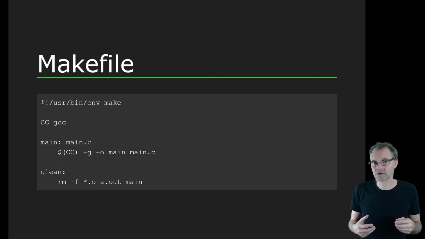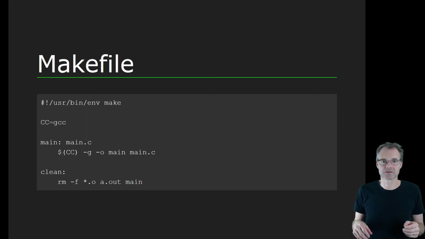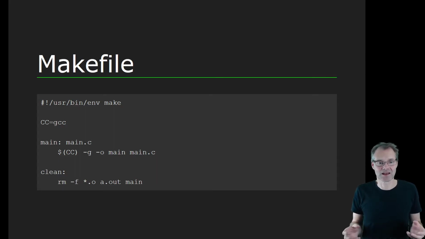You download some open source program to your operating system and compile it. It usually contains a makefile. So you say make build, or make all, or make test. We have these targets to make it easier to work with this type of project.